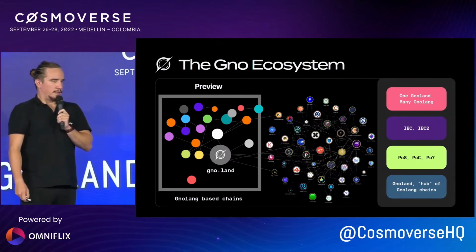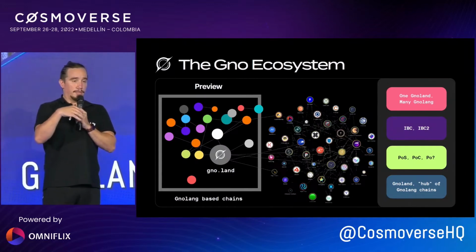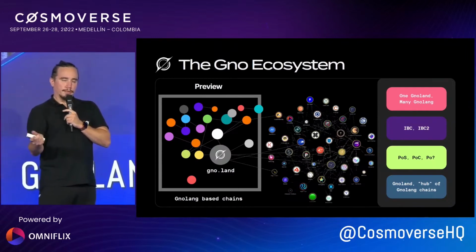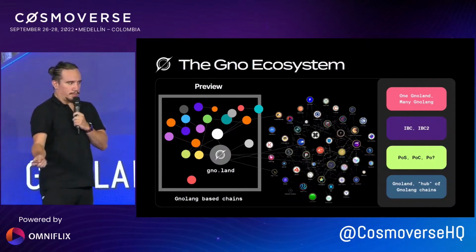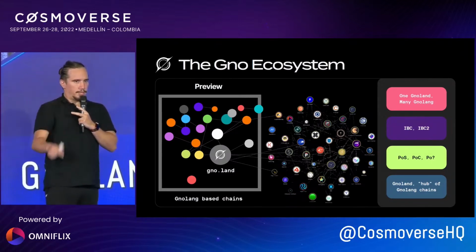So you can imagine having Gnoland using proof of contribution and Gnolang and connected with IBC with Cosmos. You can have another Gnolang chain managed by any company that will use proof of stake and Gnolang and connect it to other chains, etc.